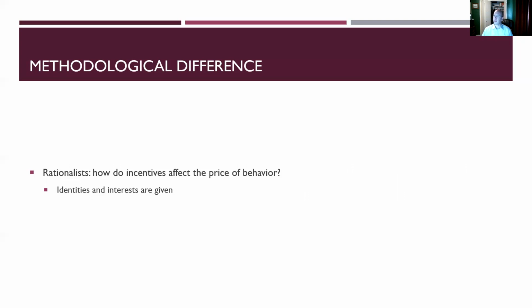And then this is the methodological difference, I guess, between constructivists and maybe neo-realists and neoliberals. Rationalists are asking how incentives affect the price of behavior, right? So let's take Russia again, since this is the big thing that's happening right now, and it's easy to take for lots of different examples. The United States is trying to incentivize Russia not to invade Ukraine. So it gives threats.